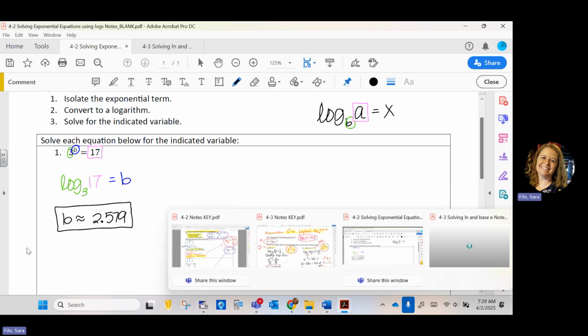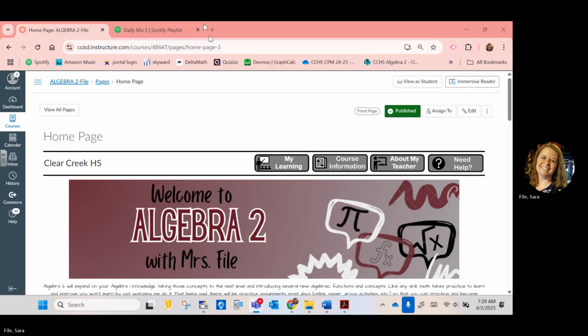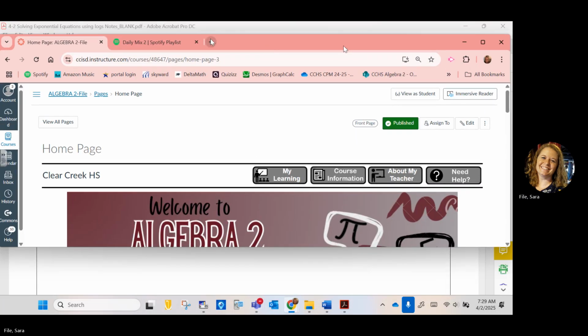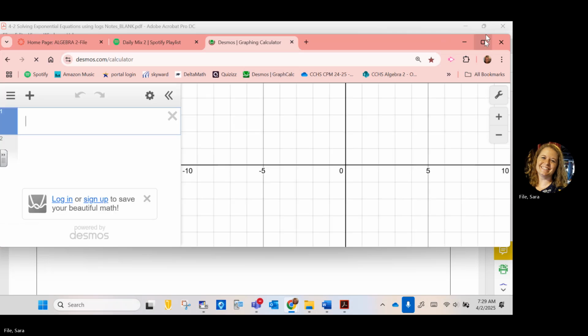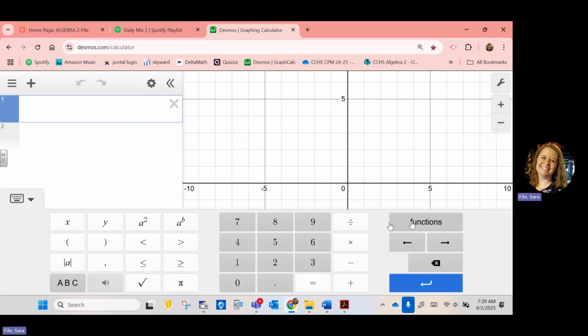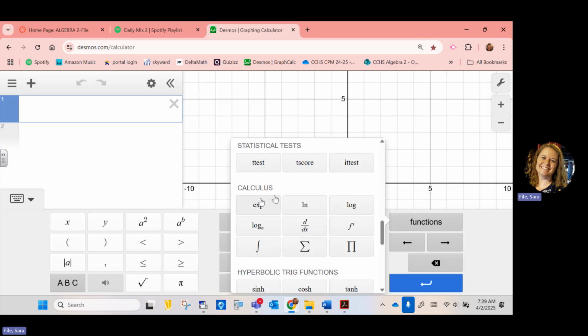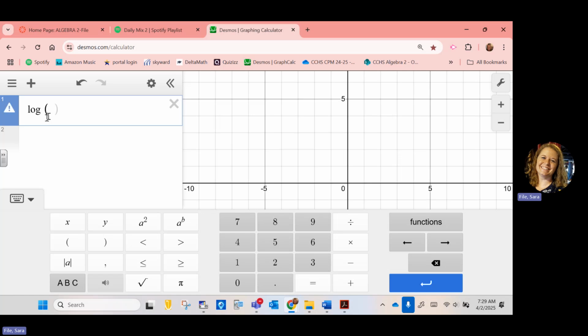I'll show you Desmos. Remember, to get the base on your log, you go to Functions, scroll down to where it says calculus, and you need the log with a base so that you can type in base 3.